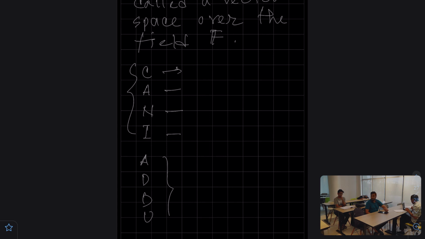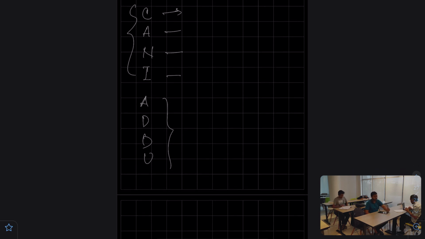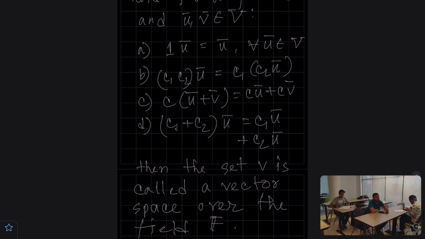C is for commutativity, A is for associativity, N is for neutral element, that is the zero, and I is for the inverse. And for the second one, A is the associativity of the scalar multiplication, and D is for distributivity, and there are two distributivity rules. So the first one is this, and the second one is this.